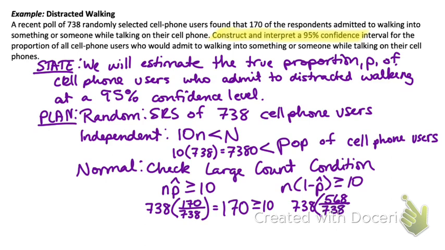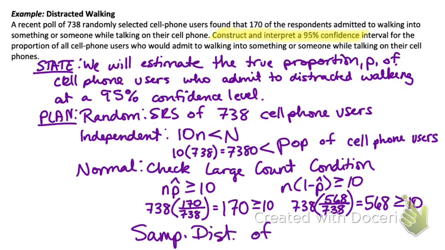And so, again, if I leave this as a fraction, I already know the number of failures, these people that are not distracted walking. That is greater than 10. So, because both of these work, my sampling distribution of p hat is approximately normal.